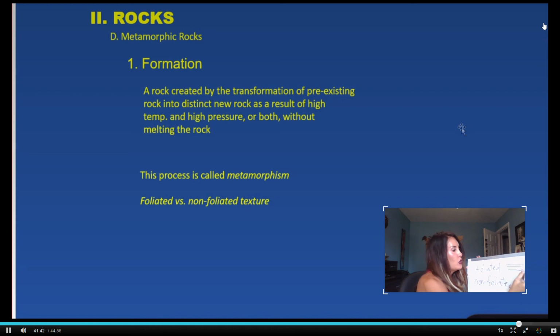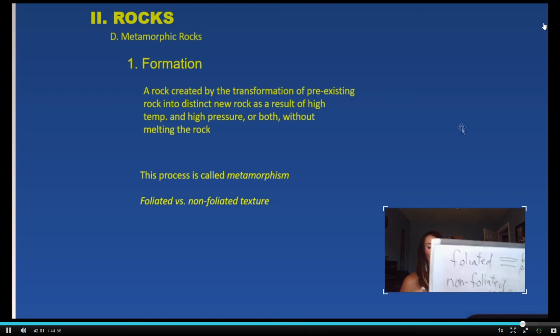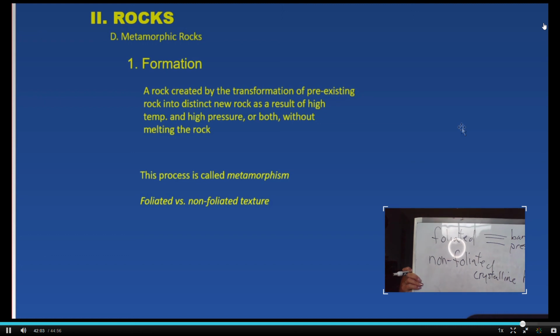So this has to do with pressure. Foliation has to do with pressure as a primary process of metamorphism. And those that are non-foliated, the texture is crystalline. And this has to do with heat. So non-foliated, the primary process of metamorphism is heat.